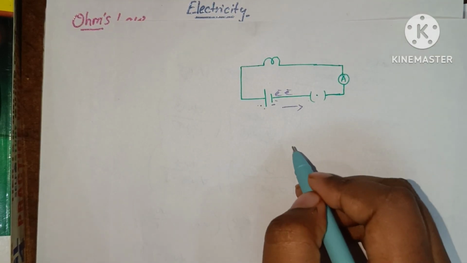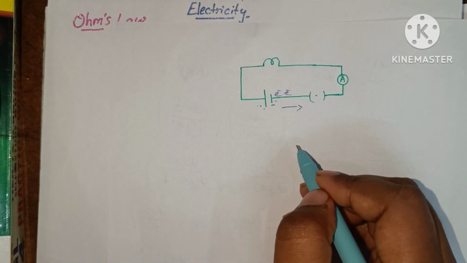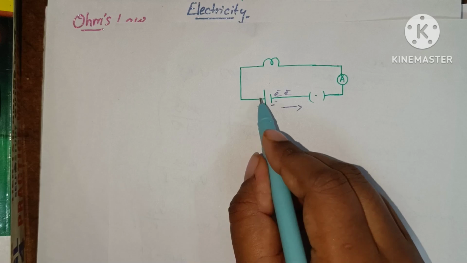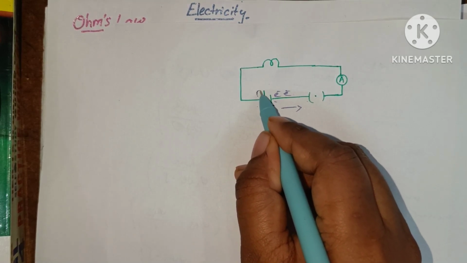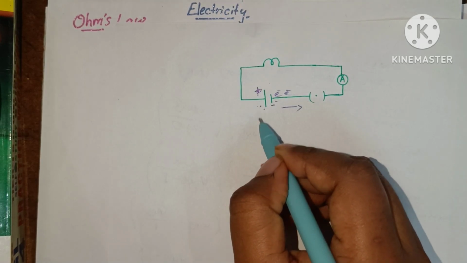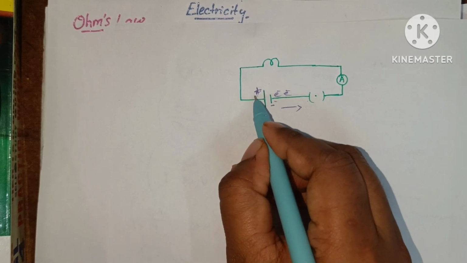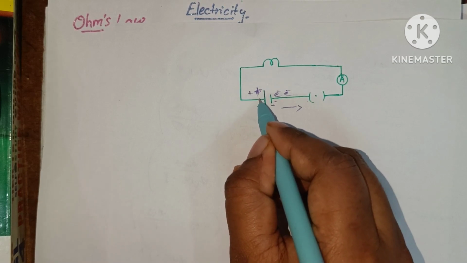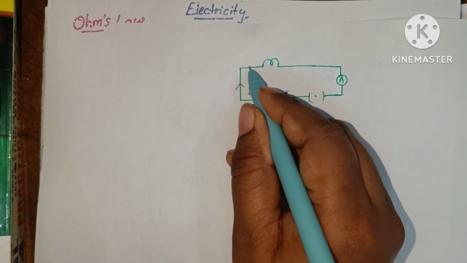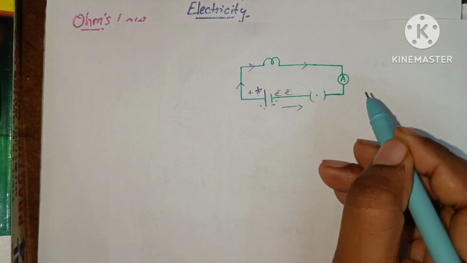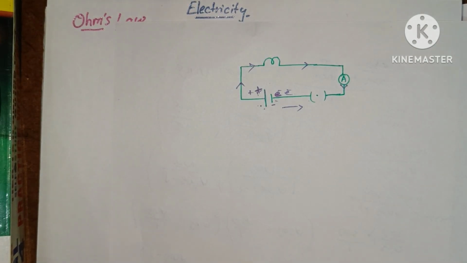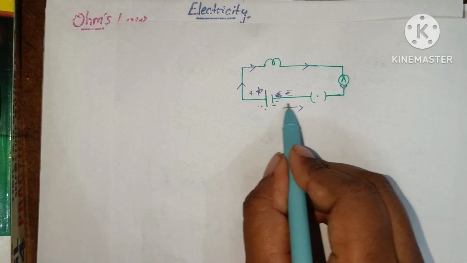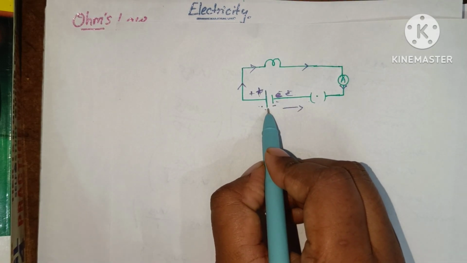But many years ago, one big scientist discovered that current is generated due to positive charge, he said. So the current flows towards the positive terminal, that means the current flows in this direction. After so much research, it was proved that the current flows from negative terminal to positive terminal.